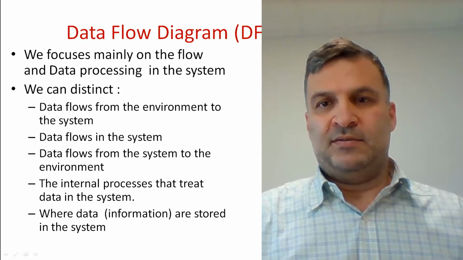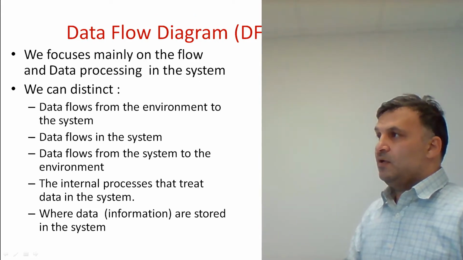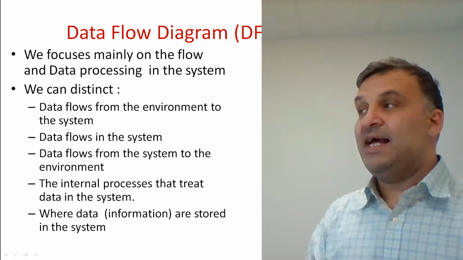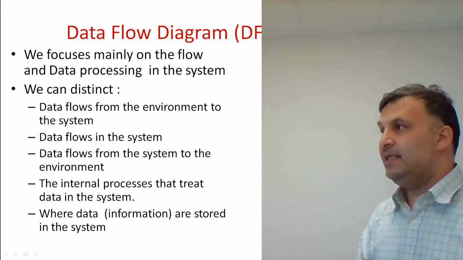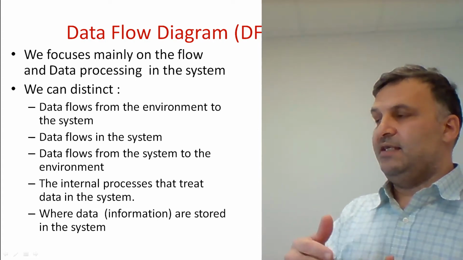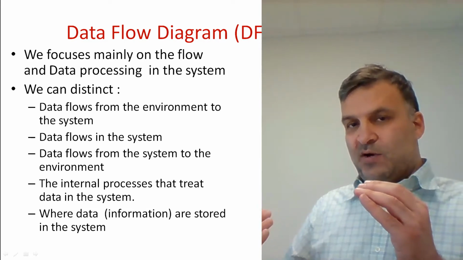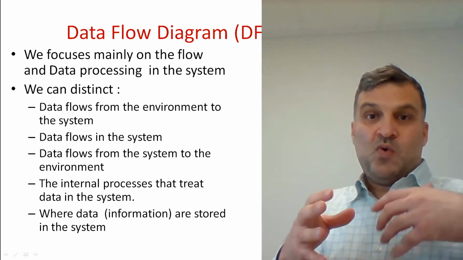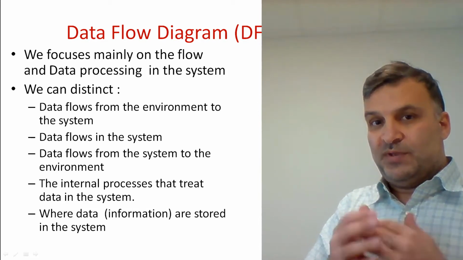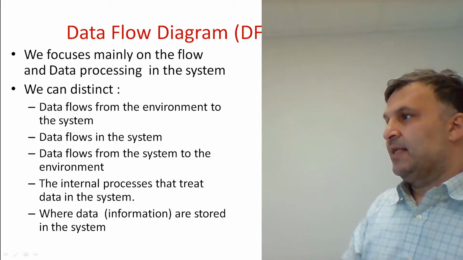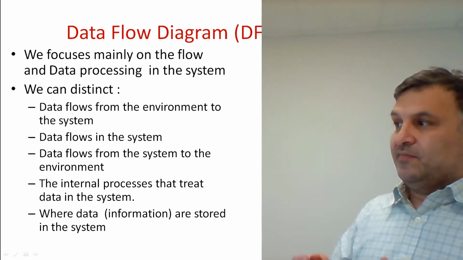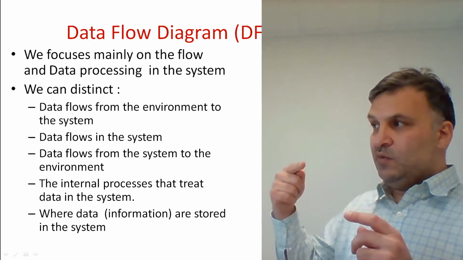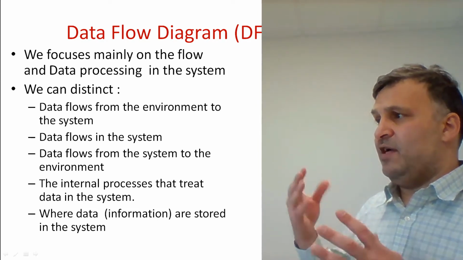Now we go to data flow diagrams. As with the functional tree, we focus mainly on the flow of data processing in the system. So we can see how data enter the operation, how it is processed, and what the output of this operation is, what the output of these functions is. So we distinguish data flows. It is an arrow. Data flows from the environment to the system.